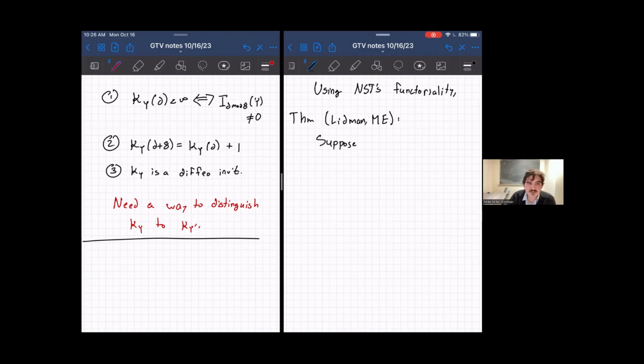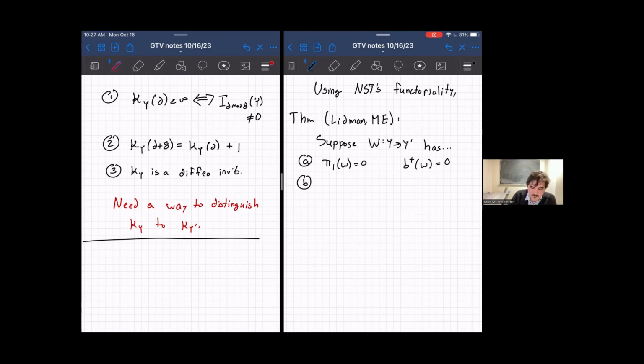Suppose you have the following type of cobordism, which is going to be an extremely restrictive class. First off, it should be simply connected and negative definite.